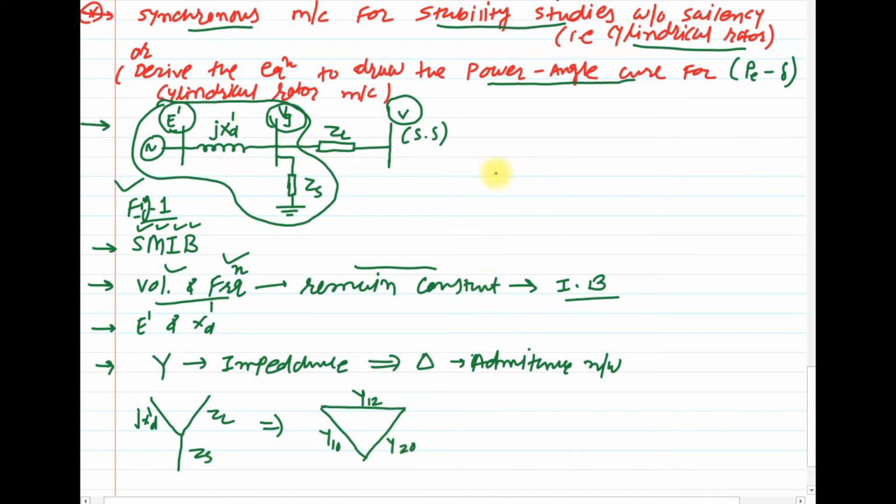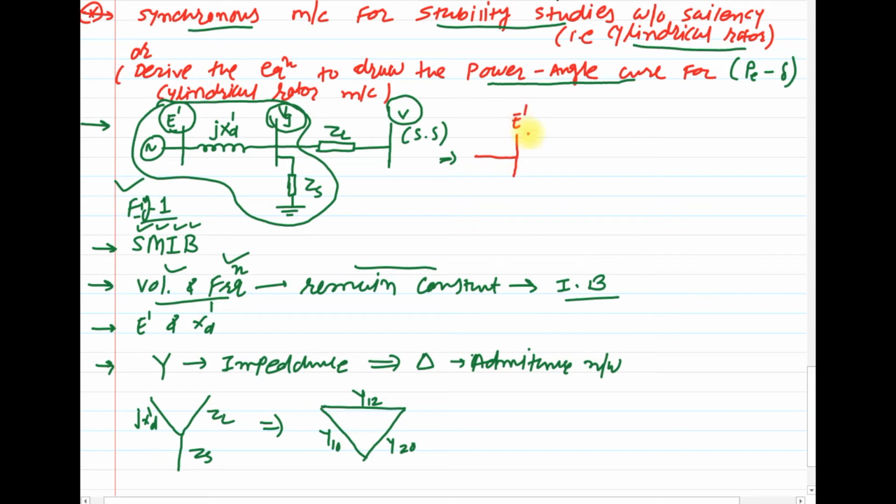After this conversion, the network will be converted into the equivalent network, which is drawn here in figure number 2. Let me use a different color. Yes, the equivalent circuit after the star to delta conversion.